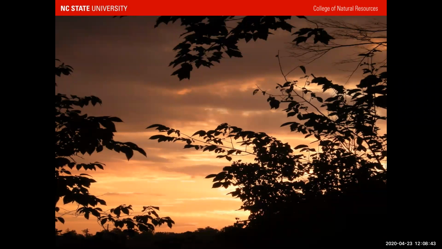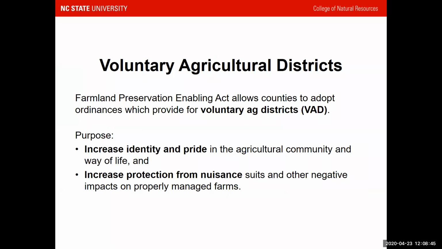The next one is more of a policy approach to establish in each county, and those counties voluntarily agree to create an ordinance that allows for these voluntary ag districts. The purpose initially was to increase identity and pride in the agricultural community and its way of life.